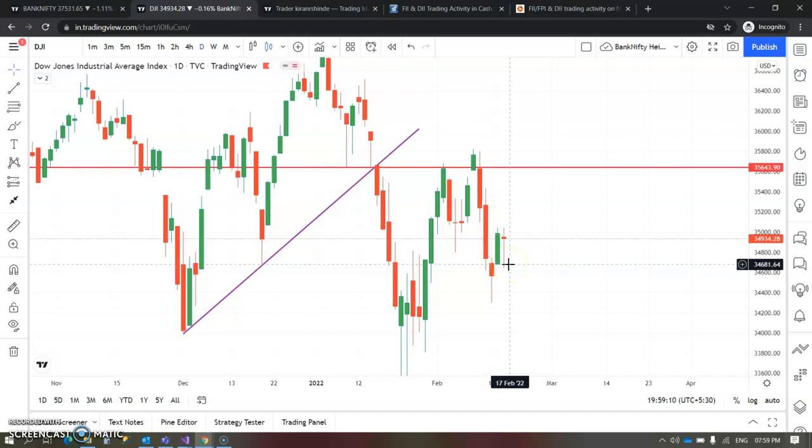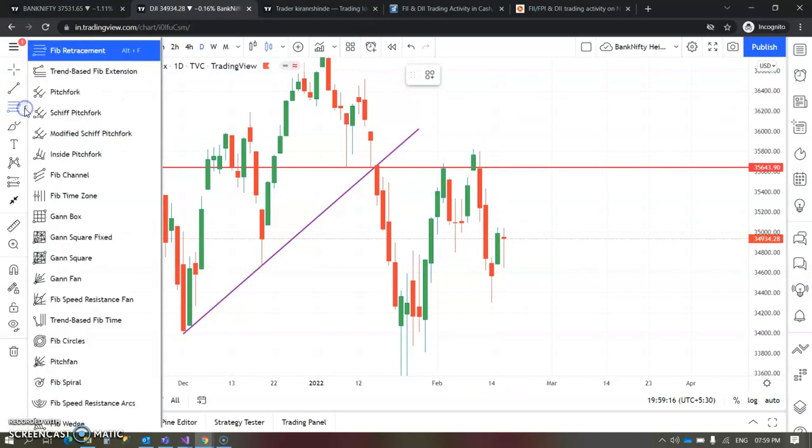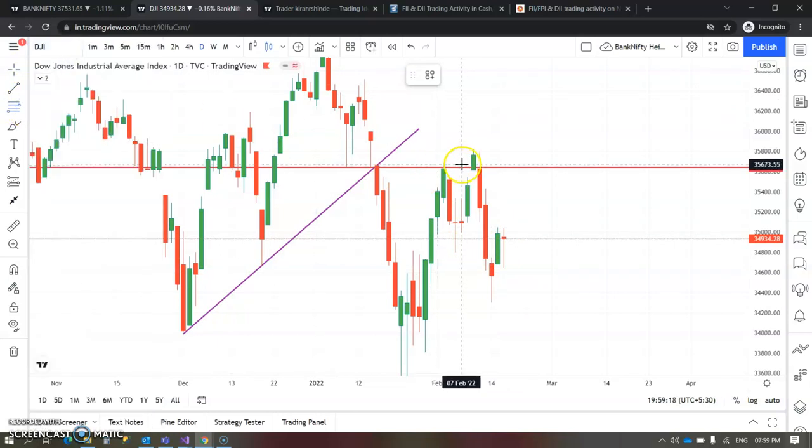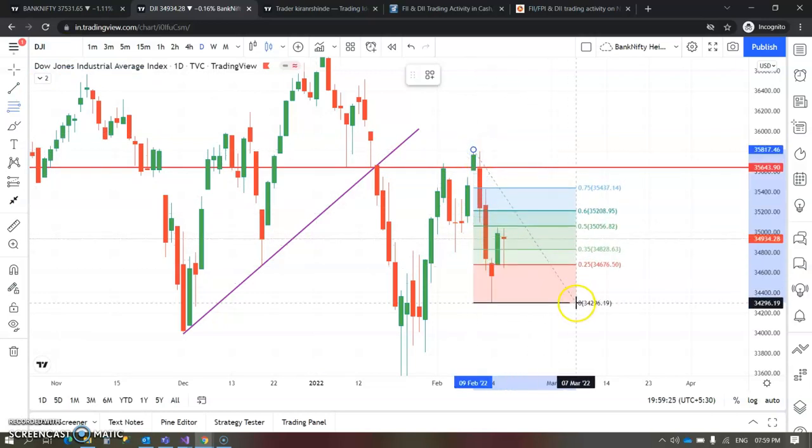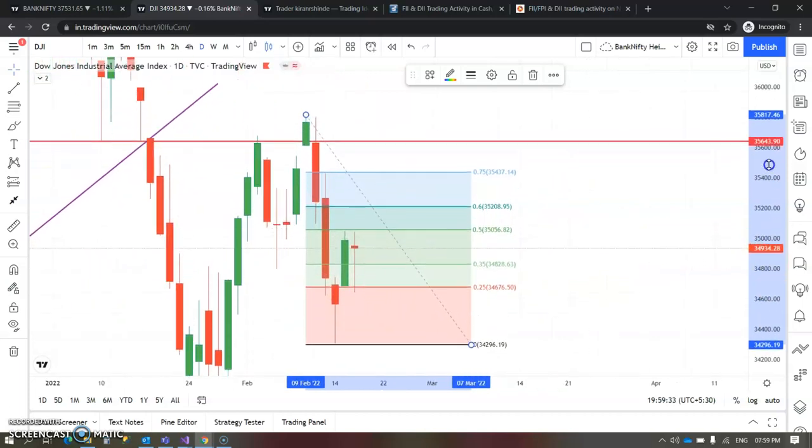Okay, and one more thing, I would show how to draw the fib retracement right over here. If I click on fib retracement, you should take the swing high and drag it to the bottom. You can clearly identify how it has taken resistance at the 0.5 level. I hope you all are able to see.